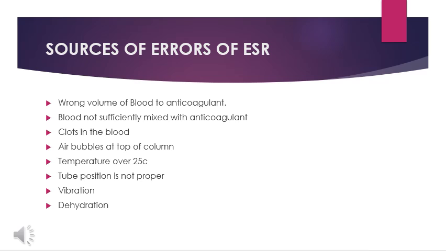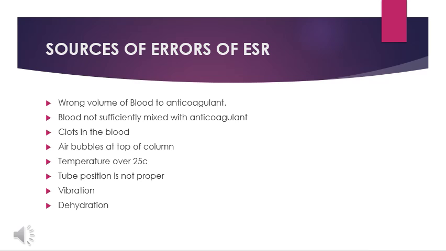Some sources which can cause errors in the test results are the wrong volume of blood to anticoagulant, meaning if the proper quantity of the anticoagulant is not mixed with blood, that will cause false results. Blood not sufficiently mixed with anticoagulant: if you have the proper ratio of both anticoagulant and blood, but you have not mixed them properly, that will also cause false results.